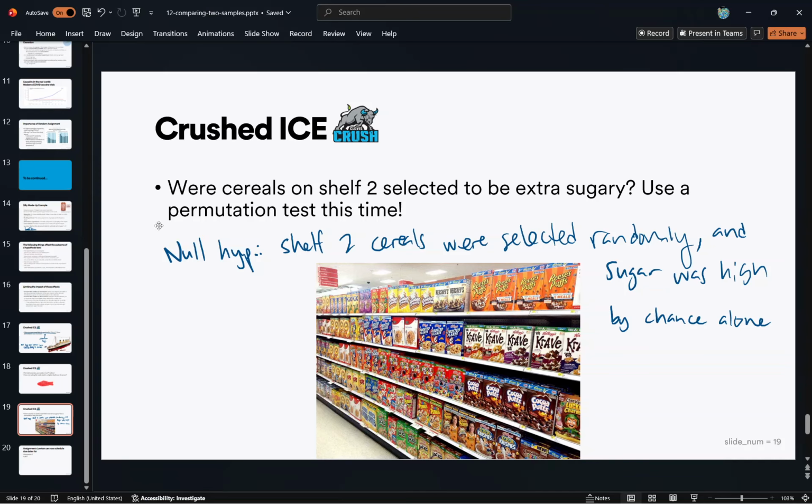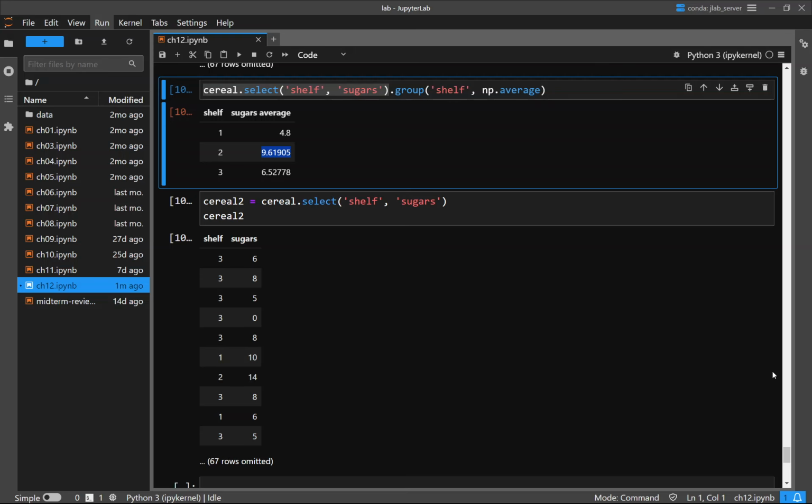Assume the null hypothesis was true. Therefore, go and shuffle these labels, get new shelf 2 cereals, figure out how sugary they were. That's one simulation. Does that make sense? Questions about that? Because that's all you got to do, right? Do that a bunch of times in a function, and then you're good, right?